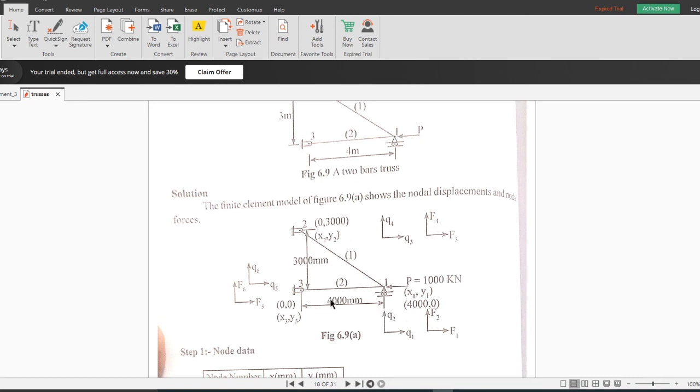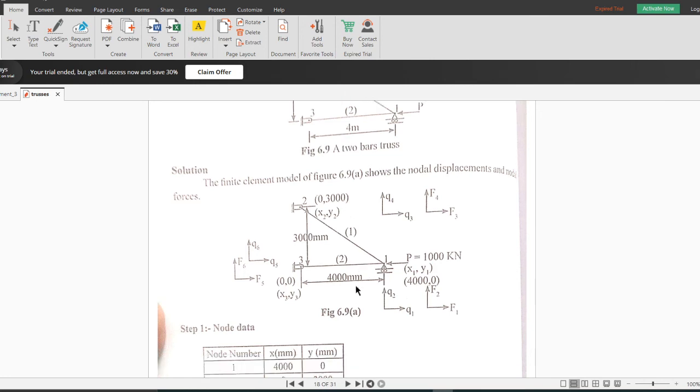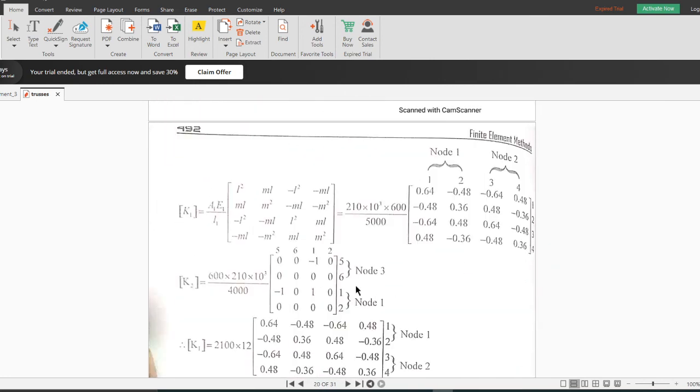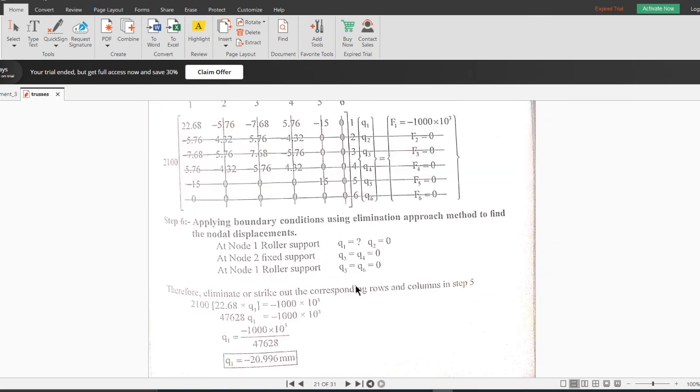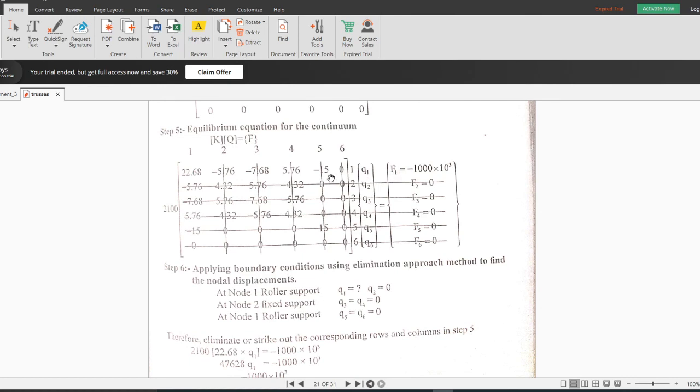At node 2, Q3, Q4 become 0, because it is completely fixed. At node 3, Q5, Q6 are 0, fixed. So if you apply the elimination approach, it becomes very easy, because you get only one equation. Correct, no?